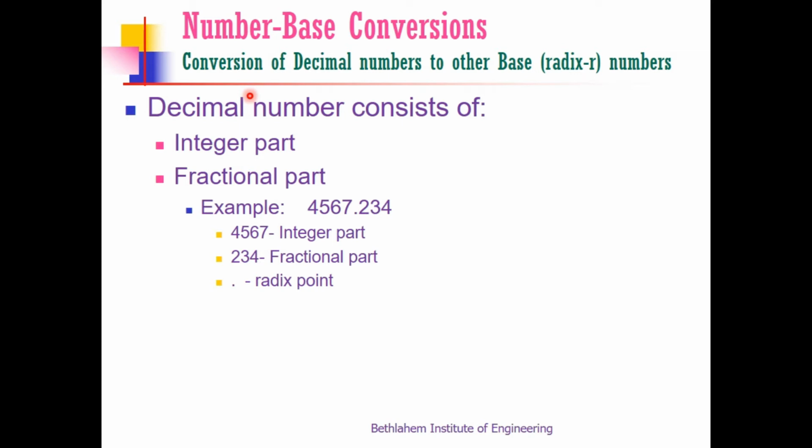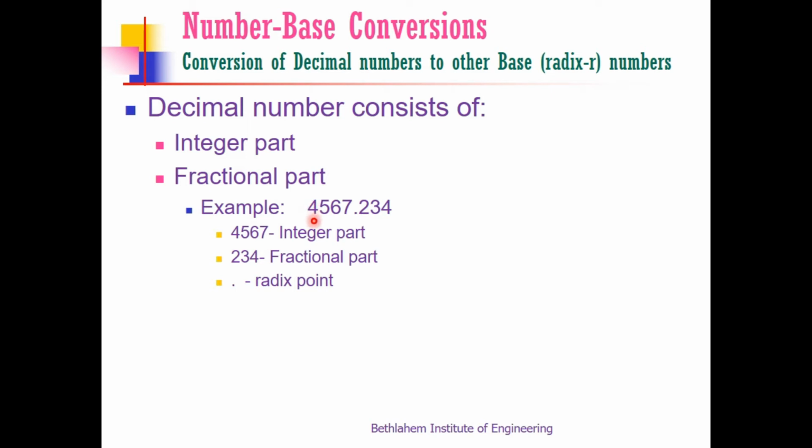First we are going to discuss the conversion of decimal numbers to other base numbers, that is, how to convert a decimal number to binary, octal and hexadecimal numbers. Before that, we should know what the integer part and fractional part of a number are.